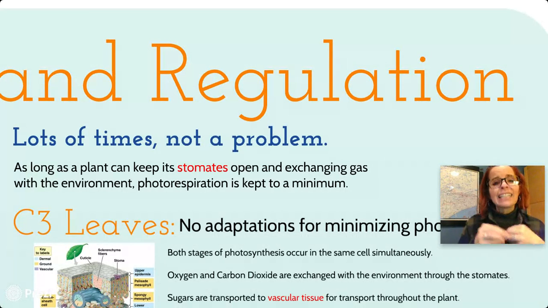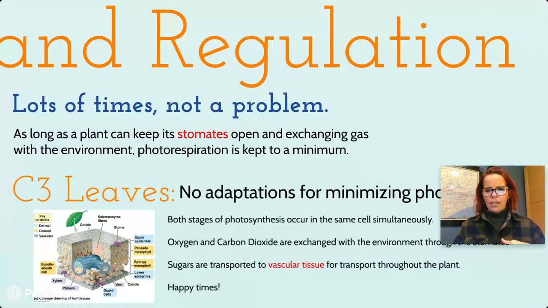It's fixing the carbon dioxides, and we're all good. But remember, I told you in the last set of notes that sometimes those stomata have to get closed, if water loss becomes really great. Water can evaporate out of the stomata, and so the plant sometimes has to close them because it's desiccating, losing too much water.